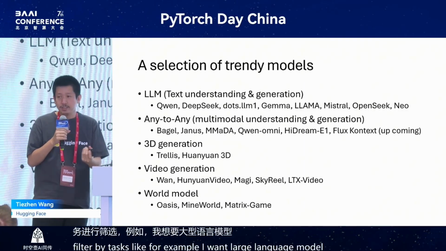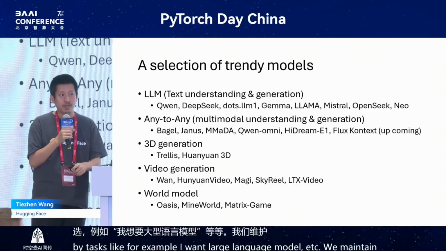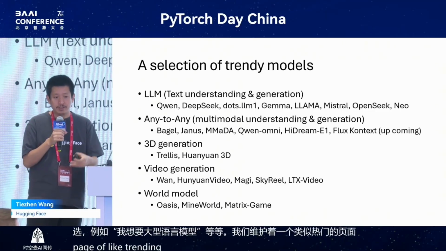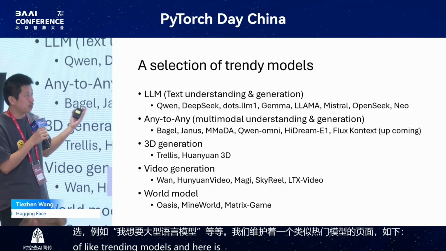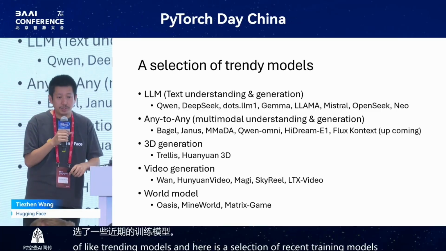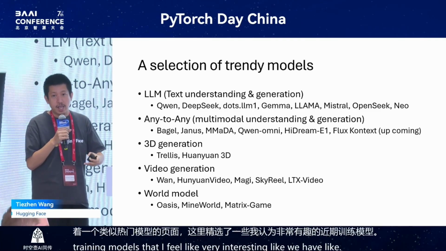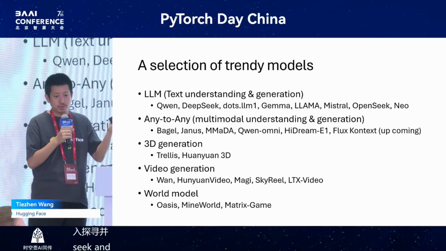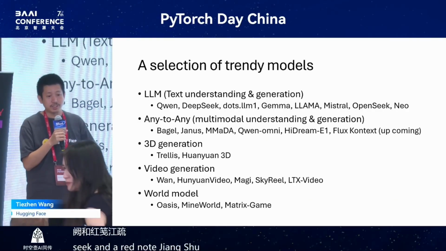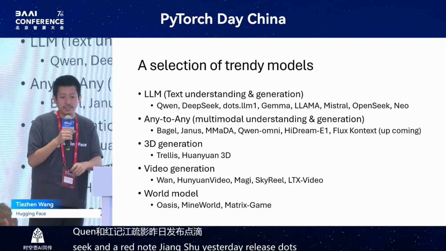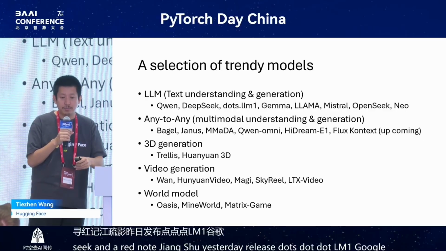We maintain a page of trending models. And here is a selection of recent trending models that I find very interesting. We have Qwen, DeepSeek, and Rednote, Xiaohongshu, which yesterday released dots.llm1. Google has Gemma, Meta has Llama, and there's Mistral.